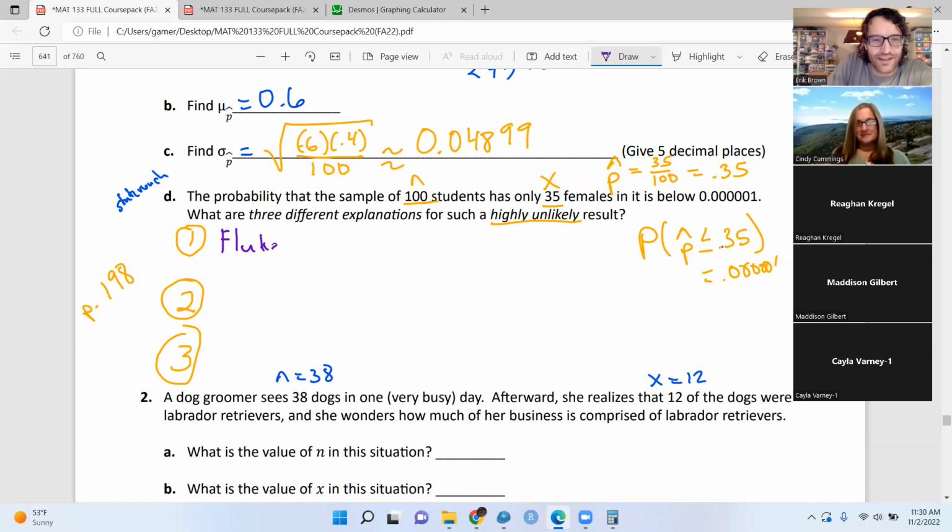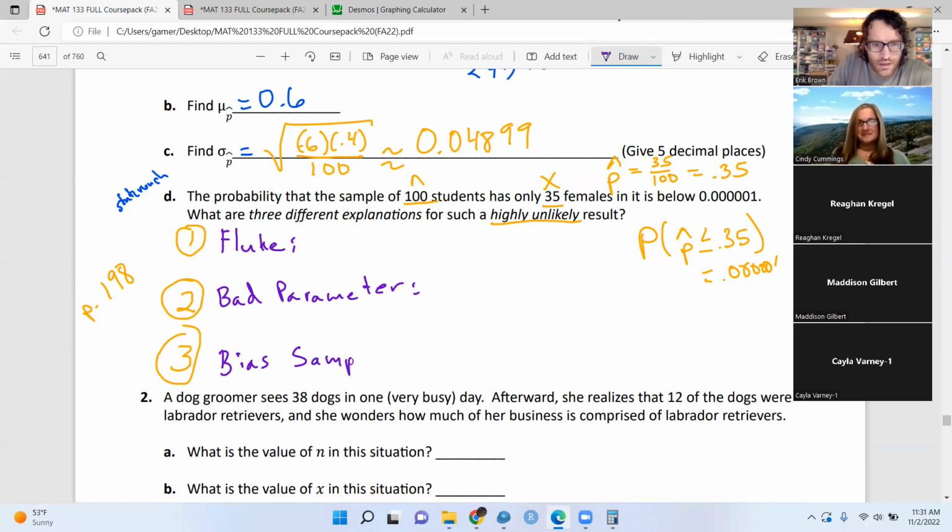Good. Stuff happens. It's not 0. Another is that it was a wrong proportion. The 0.6 is wrong, so the parameter is wrong. And one other: the sample itself could be problematic. A biased sample. Nice. So if you've started your reference sheets and you haven't put this on there, put them on there.